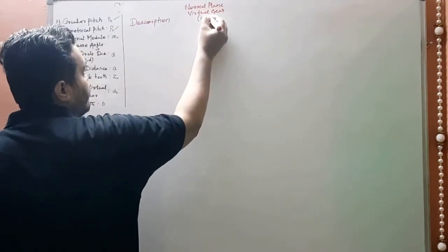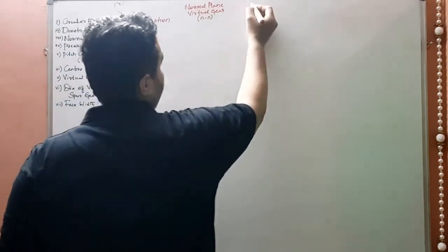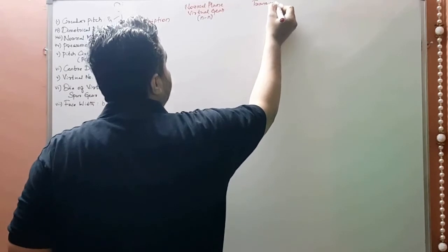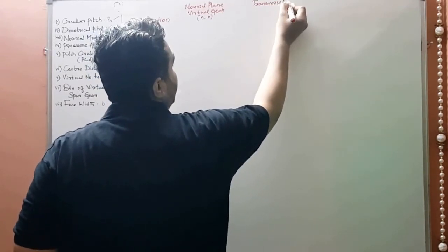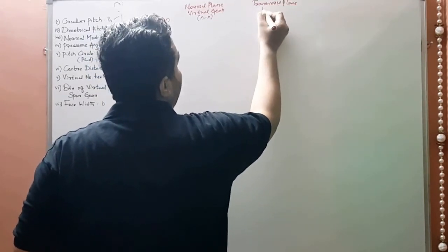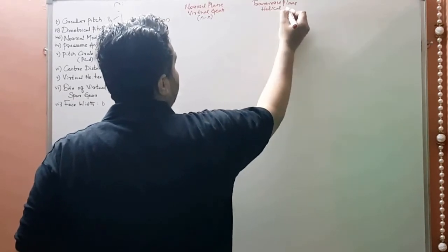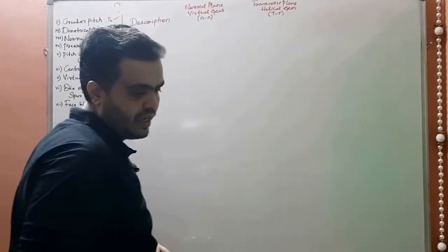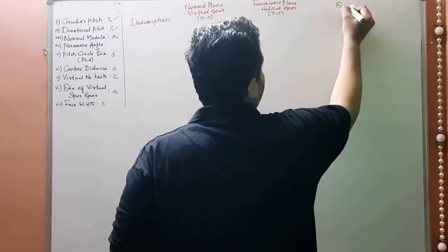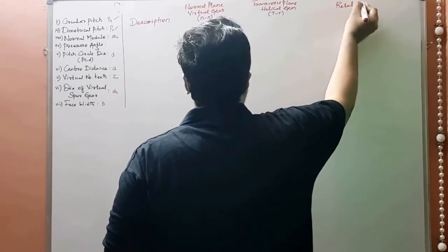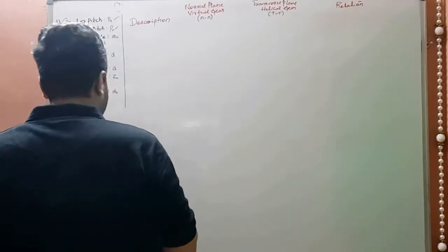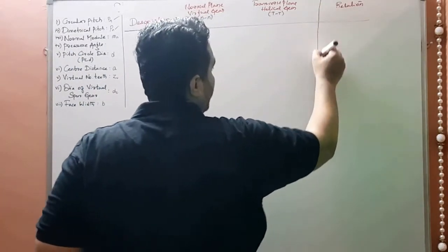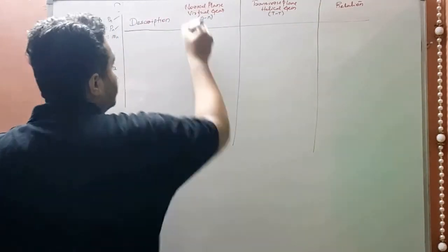We need to consider the virtual gear from the normal plane. Next we have the transverse plane, that is the helical gear. And next, relation. We'll see what the relation is between these two. Make a note of this table so that it will be helpful for you to remember all the things.